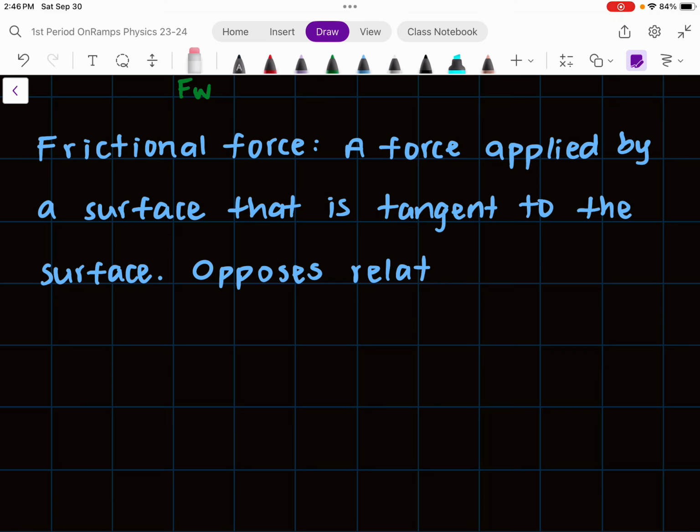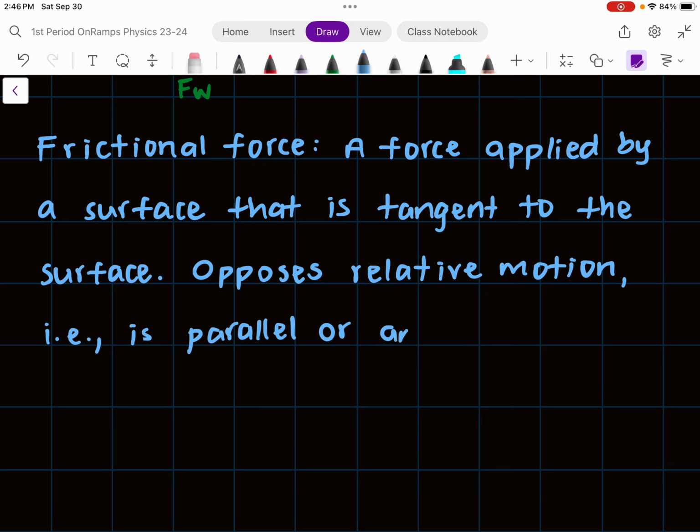Relative motion that is parallel or anti-parallel to the motion.